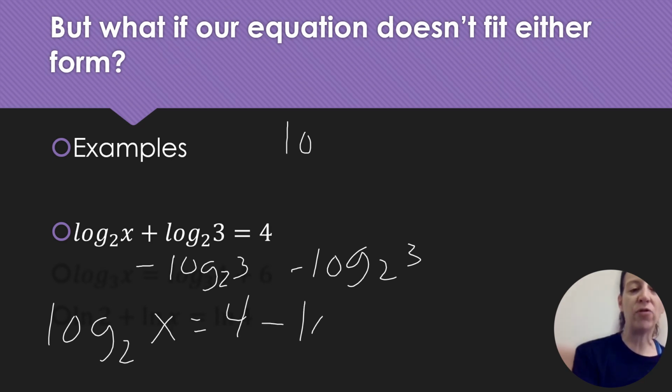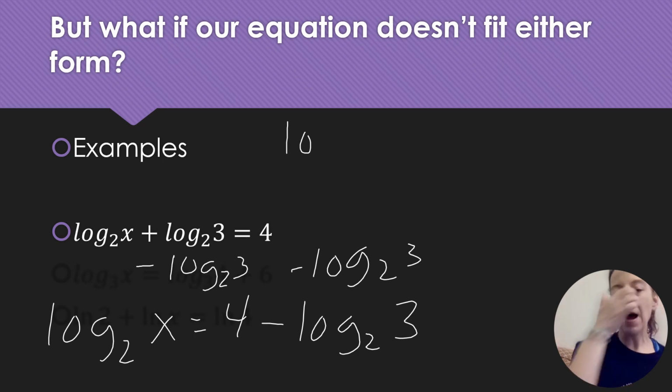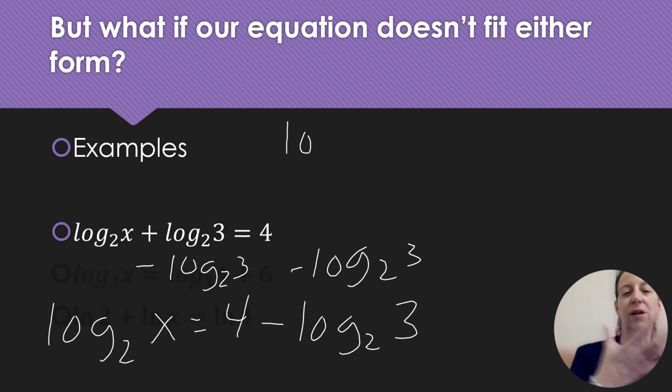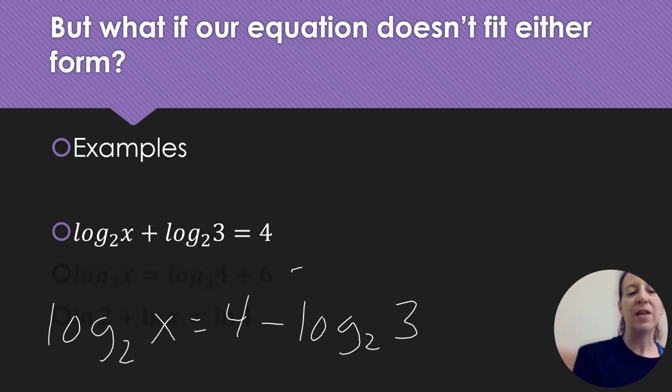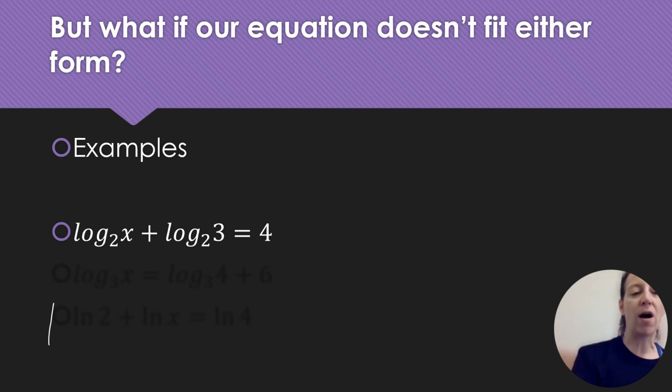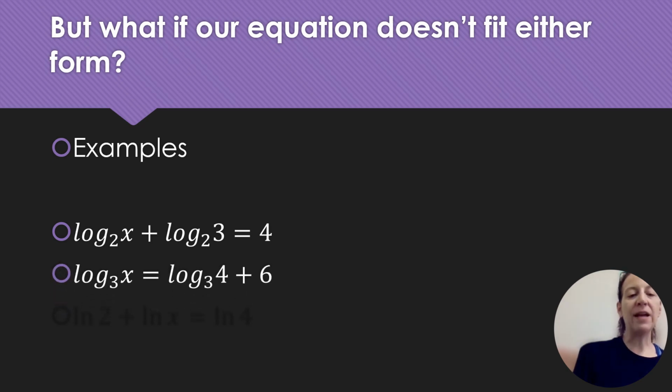And then on the other side, you'd have 4 minus log base 2 of 3. And that still doesn't work. Like, in order to change the form or to set the arguments equal, you can't have these other things in the middle of your equation. So that one does not fit either of our forms. It's not one log, and it's not 2 logs that can be isolated. Okay, similar.